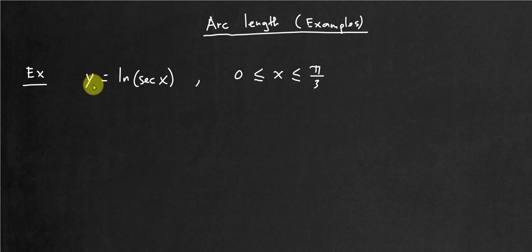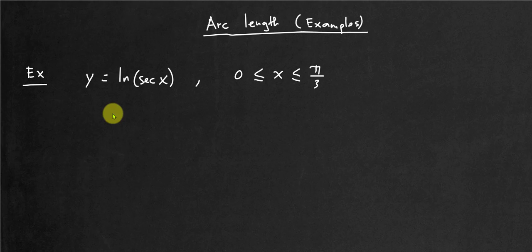We have y equals ln of the secant of x, and you are looking to find the arc length between the point 0 and pi over 3. If you recall from the lecture, we have the formula to find the arc length.